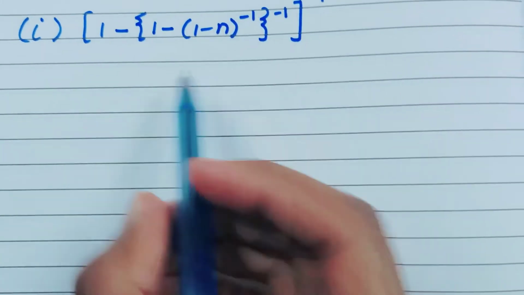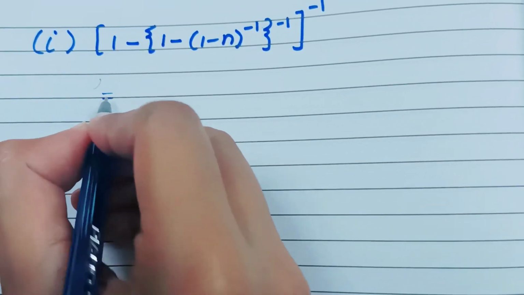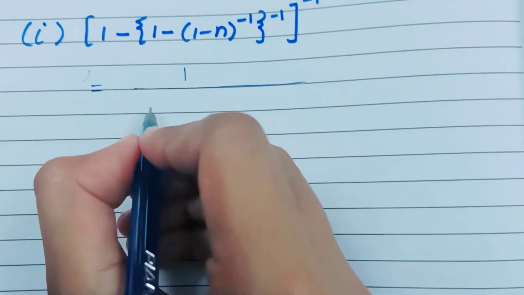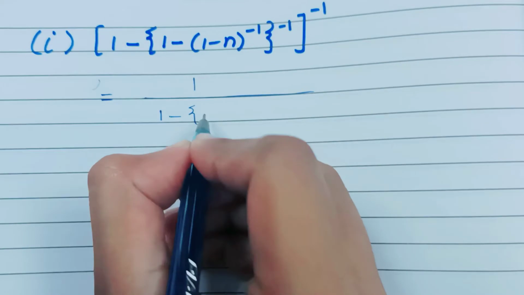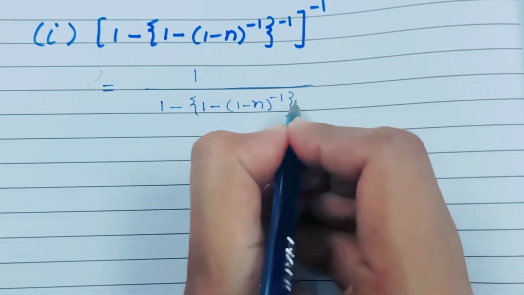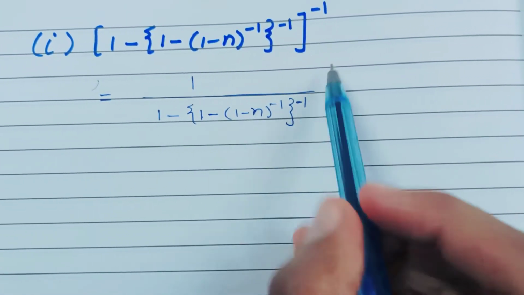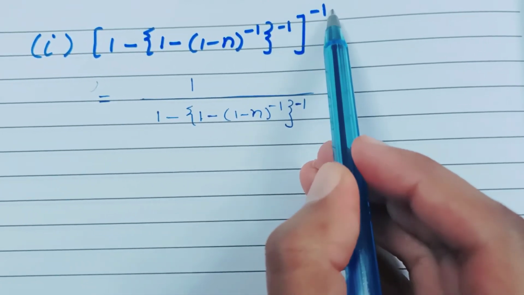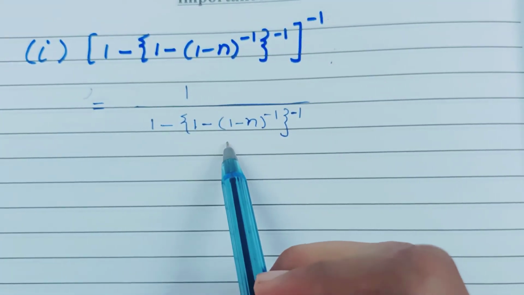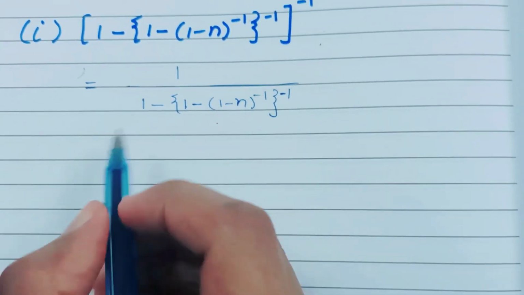It is a negative exponent, so first of all in our first step we will take its reciprocal by using the law of negative exponent. 1 over 1 minus n raised to power minus 1, curly braces raised to power minus 1. I have taken the reciprocal of this one, so all the terms will come as they are in the denominator.